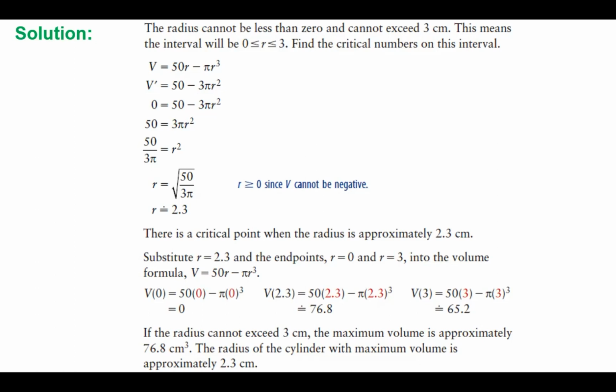If the radius cannot exceed 3 centimeters, the maximum volume is approximately 76.8 cubic centimeters. The radius of the cylinder with maximum volume is approximately 2.3 centimeters.